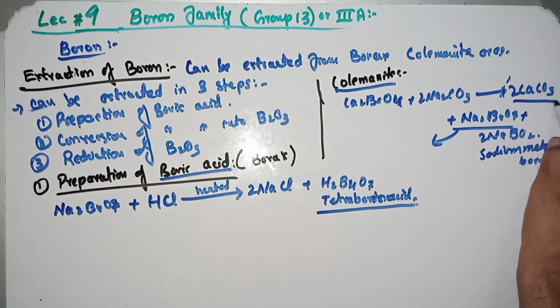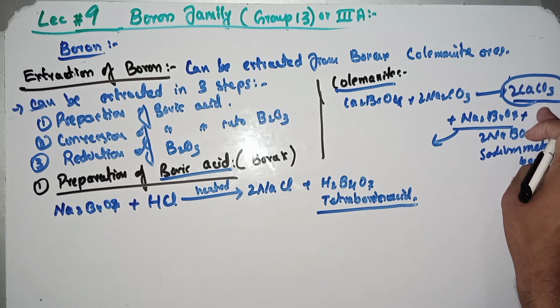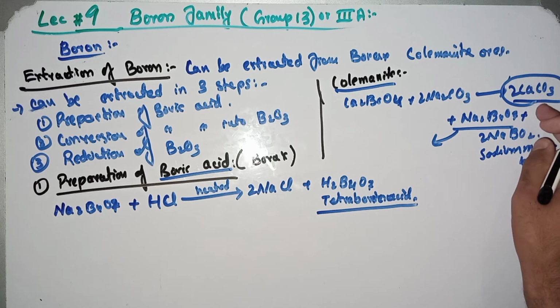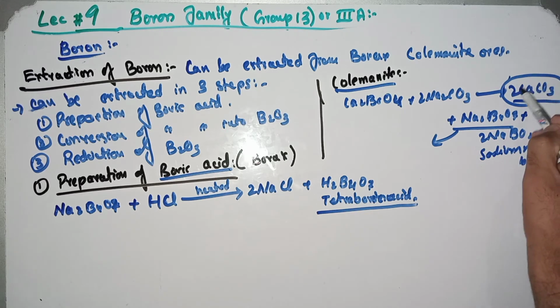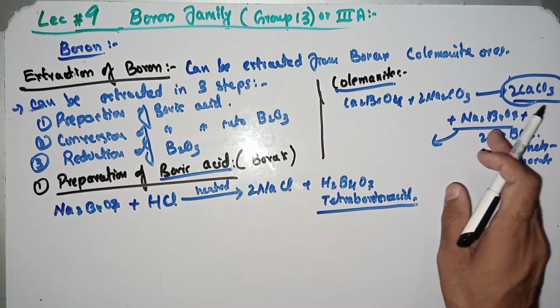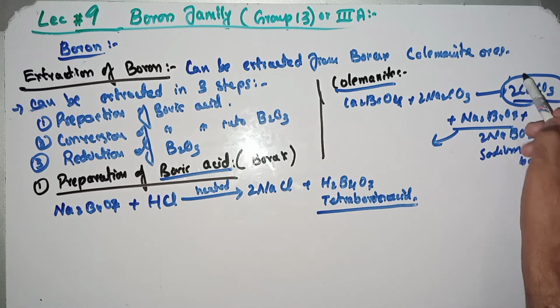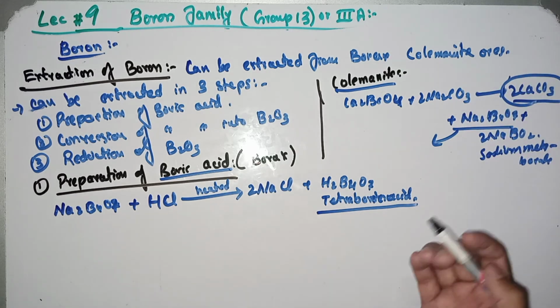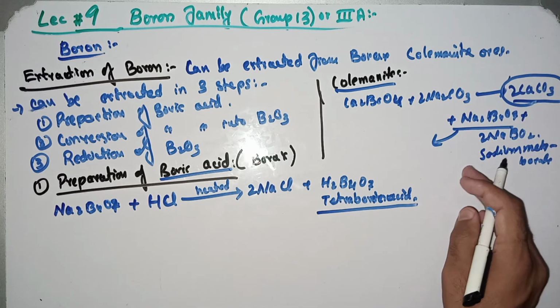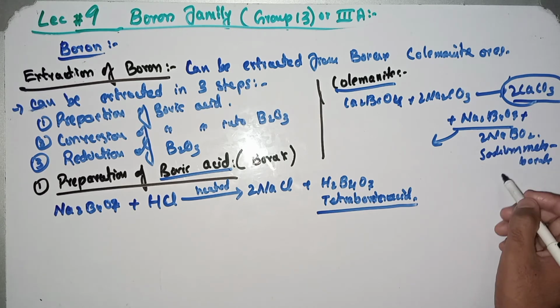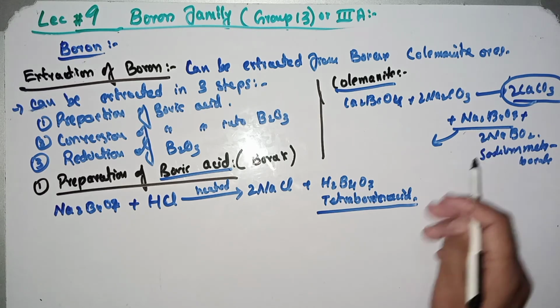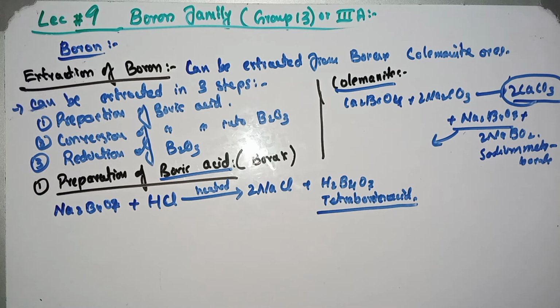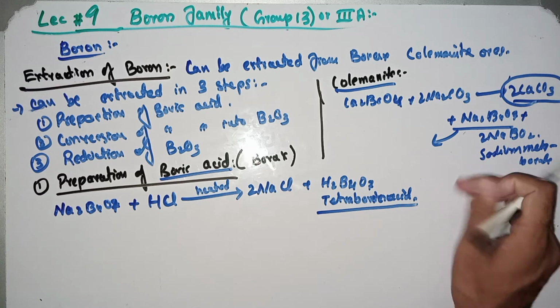The calcium carbonate is insoluble in water, so when the fused mass is extracted with hot water, the calcium carbonate remains insoluble and can be separated from the solution. Only sodium metaborate and tetraboric acid remain in the filtrate.